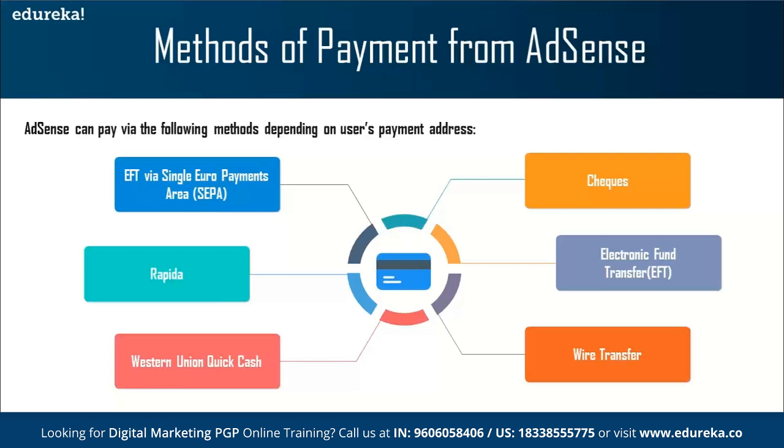They use various methods like electronic fund transfer, wire transfer, Western Union, Quick Cash, Rapida, and EFT. We also need to remember that depending on what method you select and what method is available in various countries, it might again take some time to get these payments.